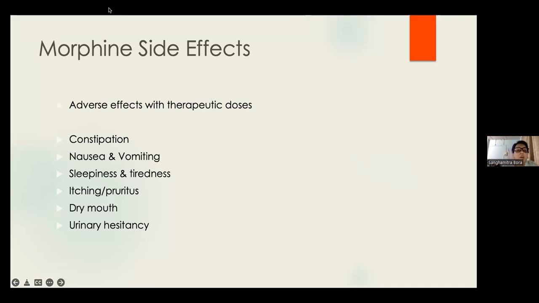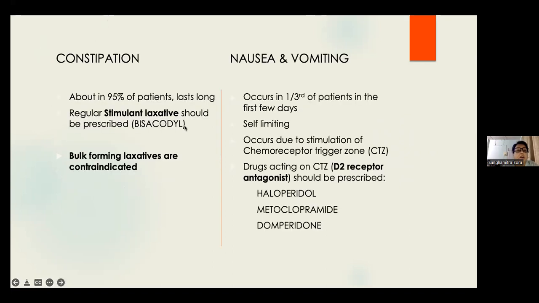And how do we take care of them? Constipation occurs in about 95% of our patients, and it generally lasts for a long time. Hence, we have to use a stimulant laxative like bisacodyl for morphine-induced constipation.